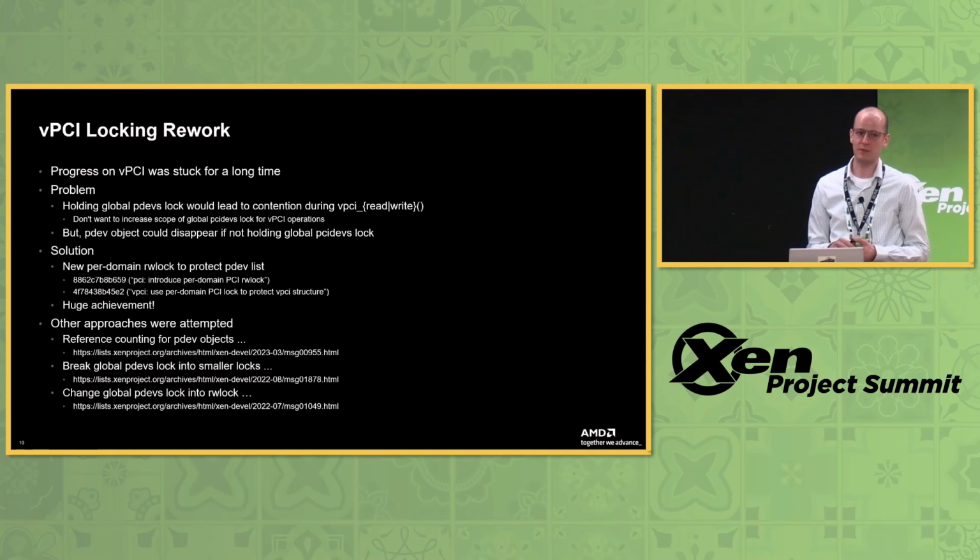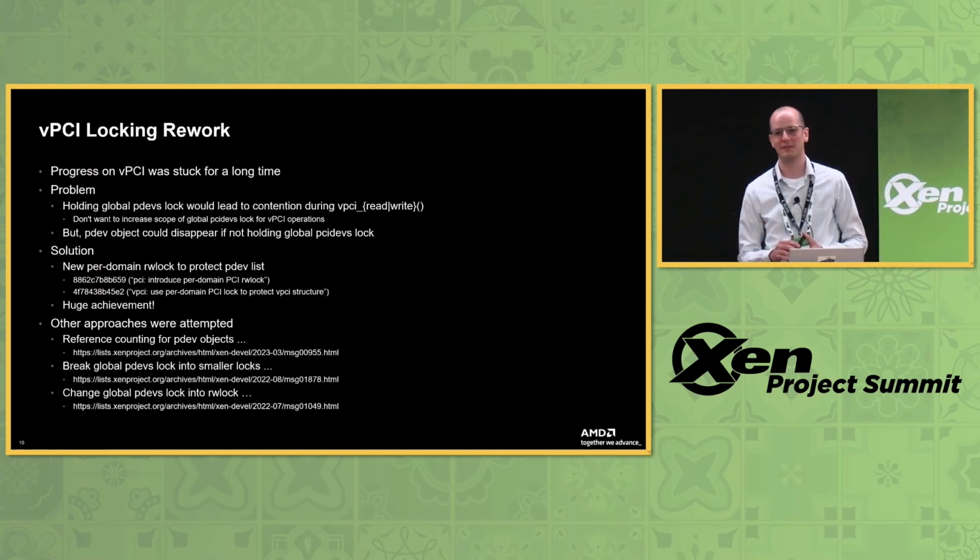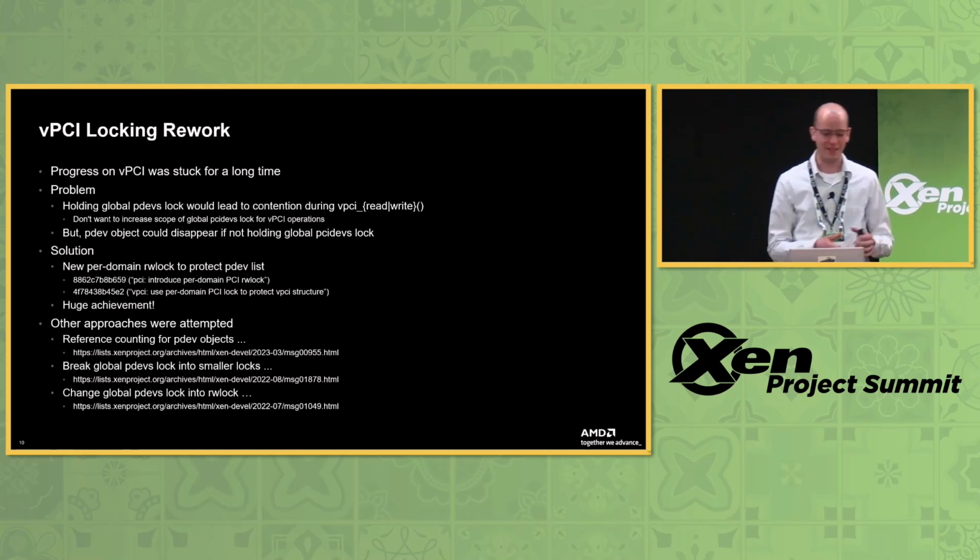So the solution was to introduce a new per-domain read-write lock to protect the pdevs objects list. And it's a huge achievement. There was a patch queue of, I don't know how many, 80, 100 patches that now can be unblocked.